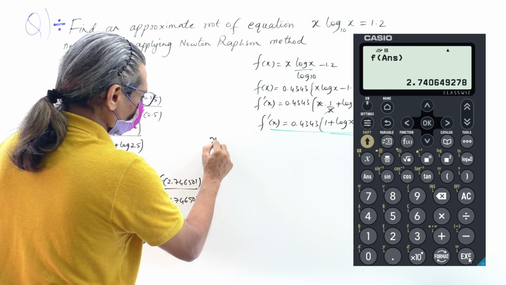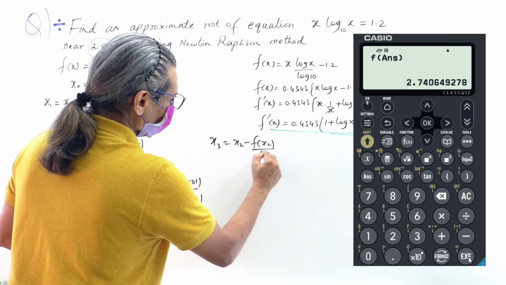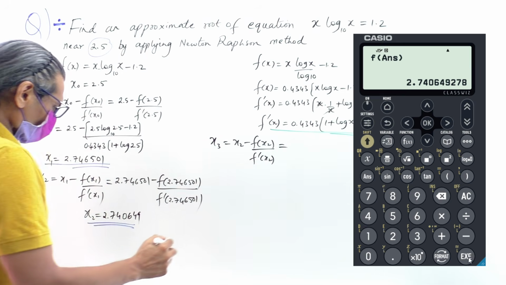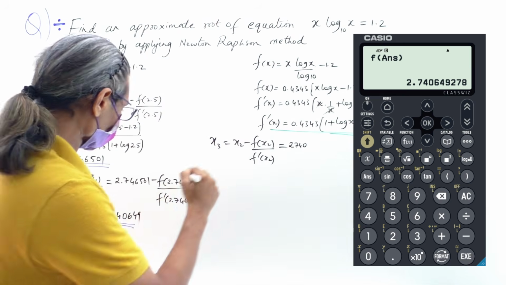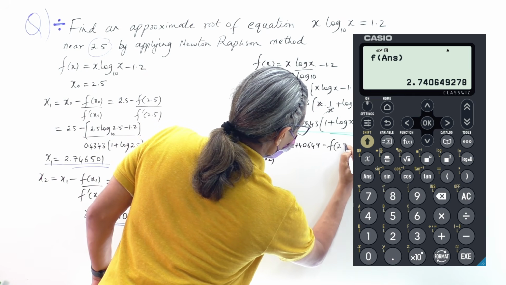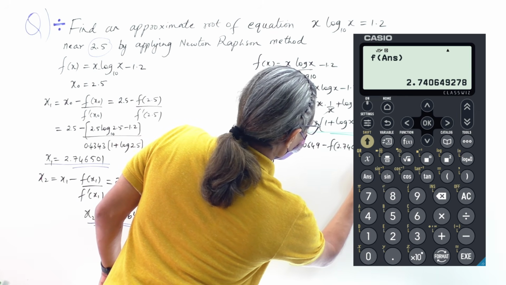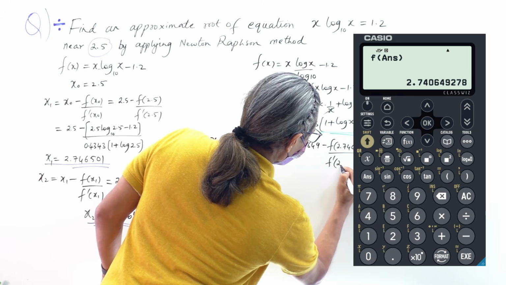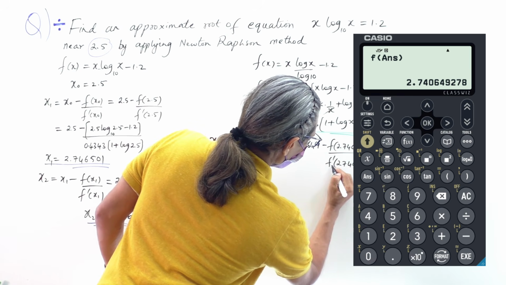So similarly, x3 is equal to x2 minus f of x2 over f dash of x2. That will be again 2.740649 minus f of 2.740649 divided by f dash of 2.740649.